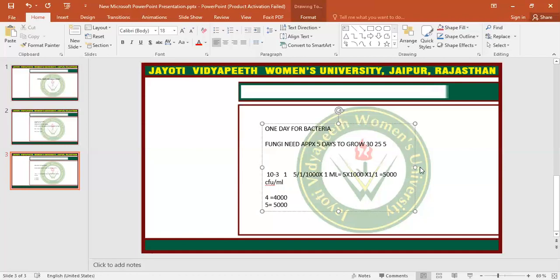So we can calculate the number of fungi using this method, but the difference between the bacteria and fungi is, first, the media. For bacteria it was soybean casein digest agar media or nutrient agar media, and for the fungi we use Sabouraud dextrose agar media, or we can also use the potato dextrose agar media.